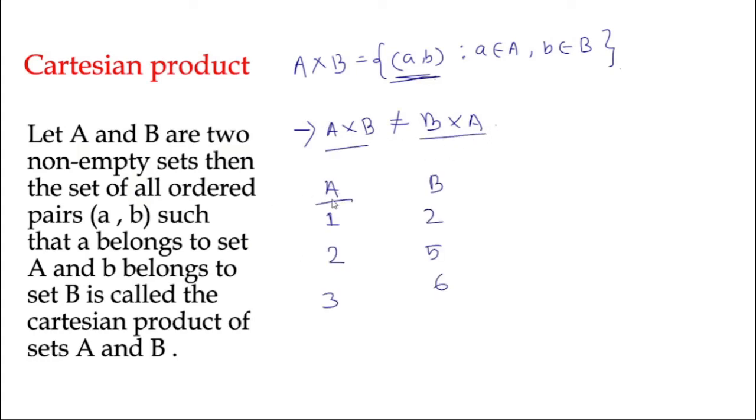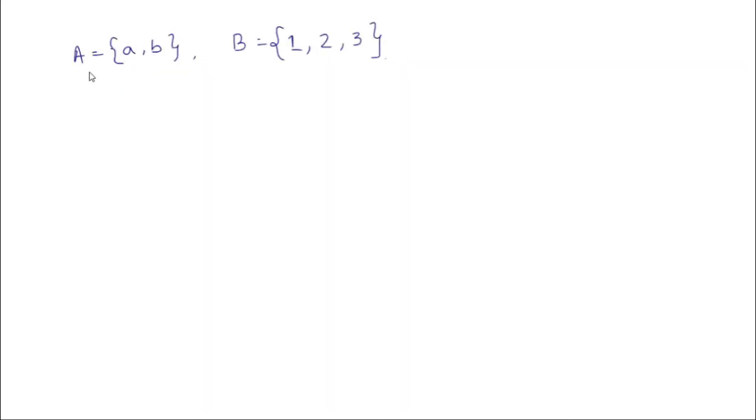So in short, what we are doing in the Cartesian product is picking any element of set A and pairing it with all the elements of set B. After that I repeat this process for all the elements of set A for A cross B. Here we are given two sets, set A where the elements are a and b, and set B where the elements are 1, 2 and 3.